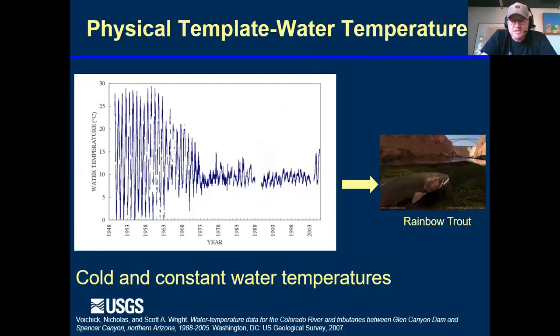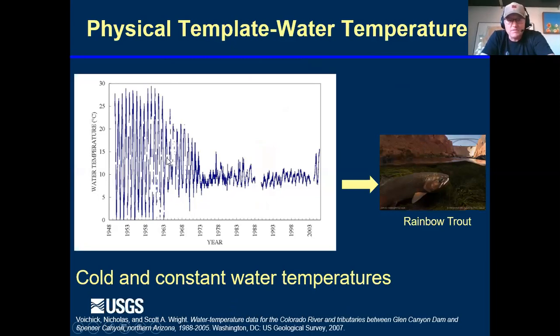Another big change in the physical template is the water temperature. We now have cold and relatively constant water temperatures. That's what this graph shows here. You can tell when Glen Canyon Dam was closed, right here in '63.